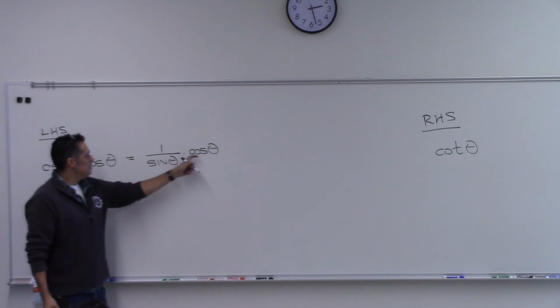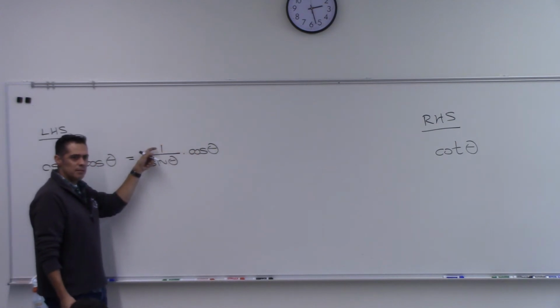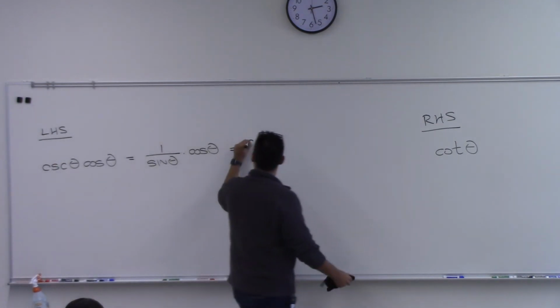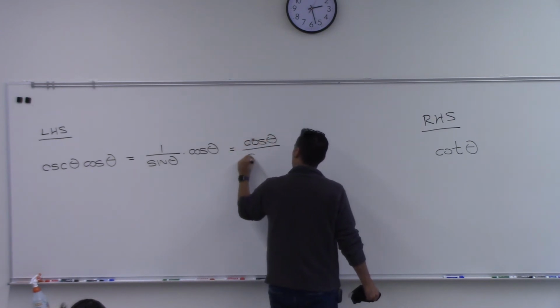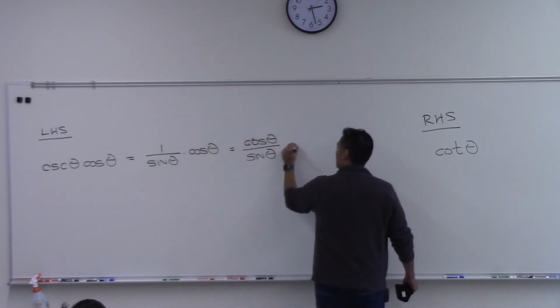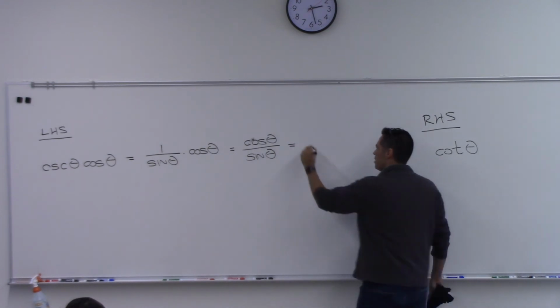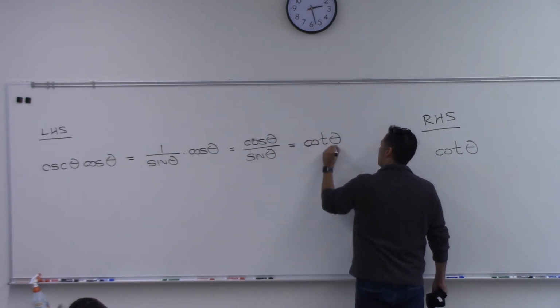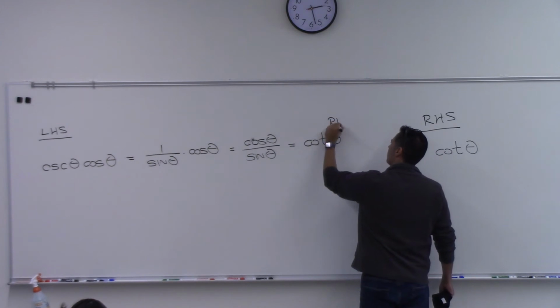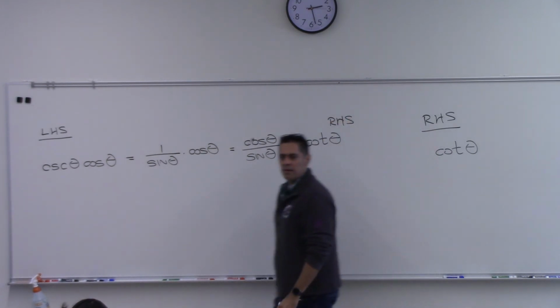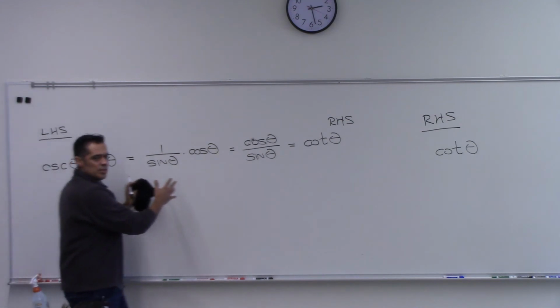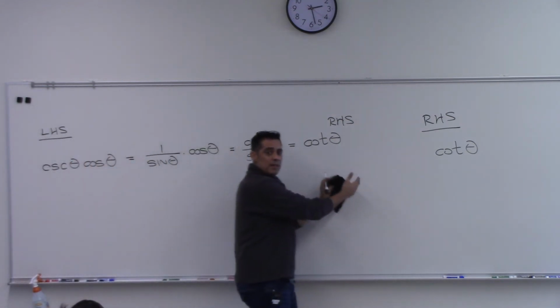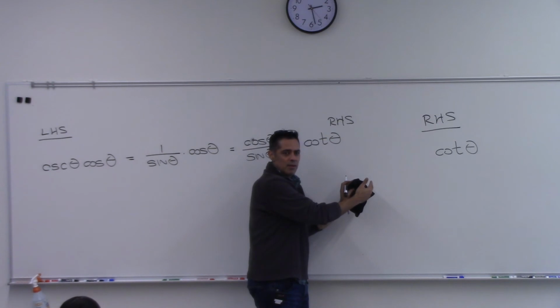But that can be pushed on top, so this is really just cosine theta over sine theta. But what is that by definition? Cotangent theta. And therefore, I've gotten to the right-hand side. I started with the left-hand side, did some manipulations, and have convinced you, hopefully, that it is indeed the right-hand side of the equation.